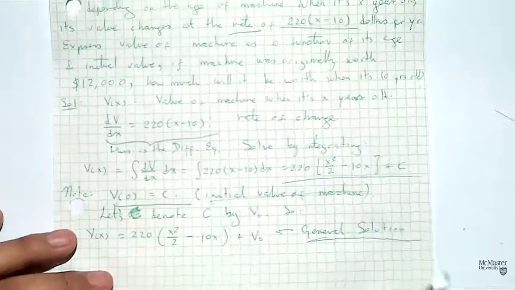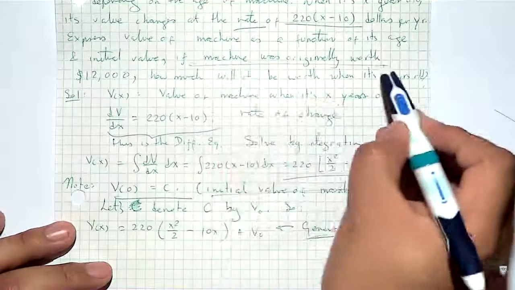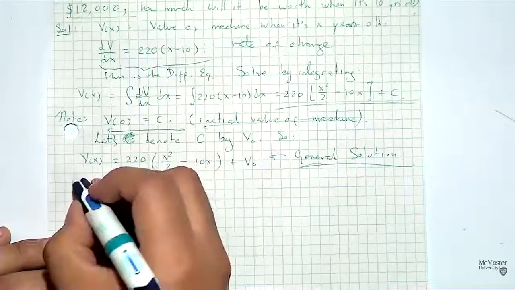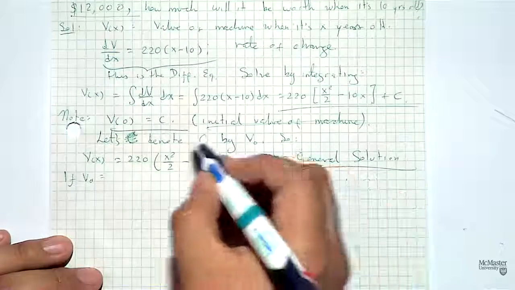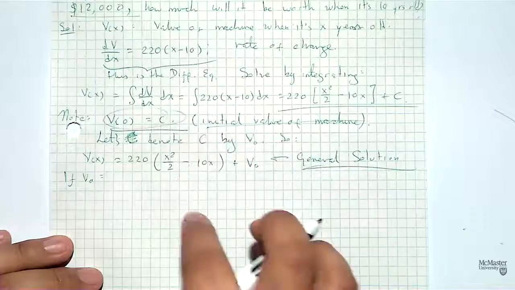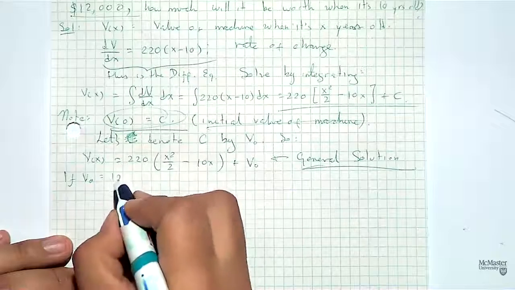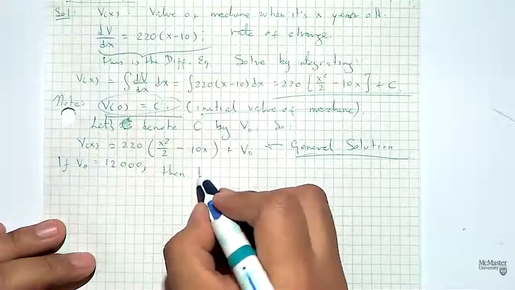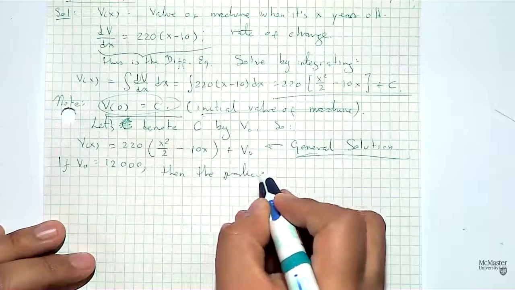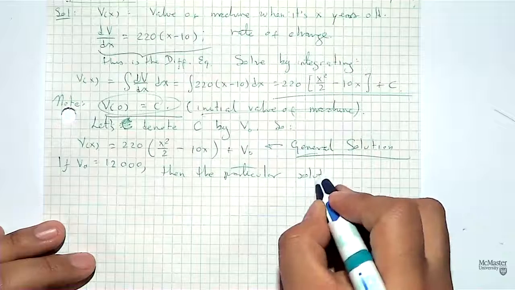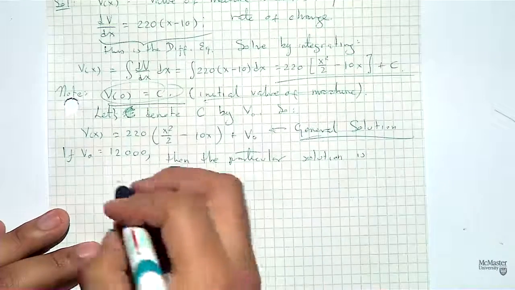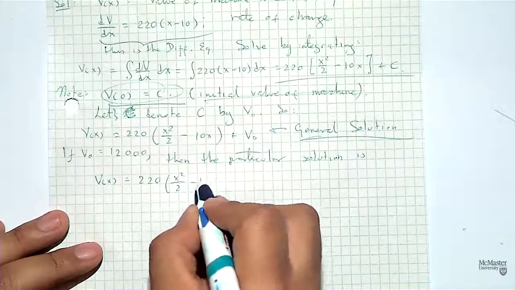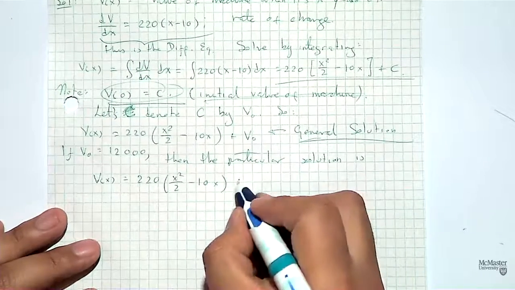You were actually given also some information, which is that the machine was originally worth $12,000, so you will relate that over here. If b naught, which we know is the initial value of the machine from this, which was the C, is equal to 12,000, then the particular solution is, and you just plug in, right? b of x equal to 220 x squared over 2 minus 10x plus 12,000.